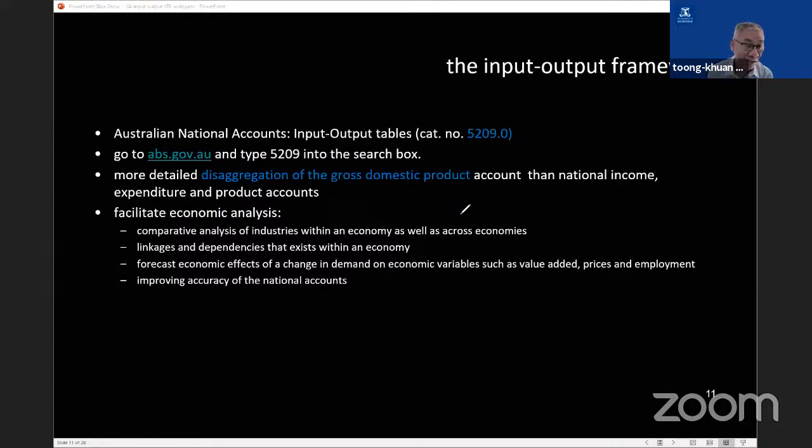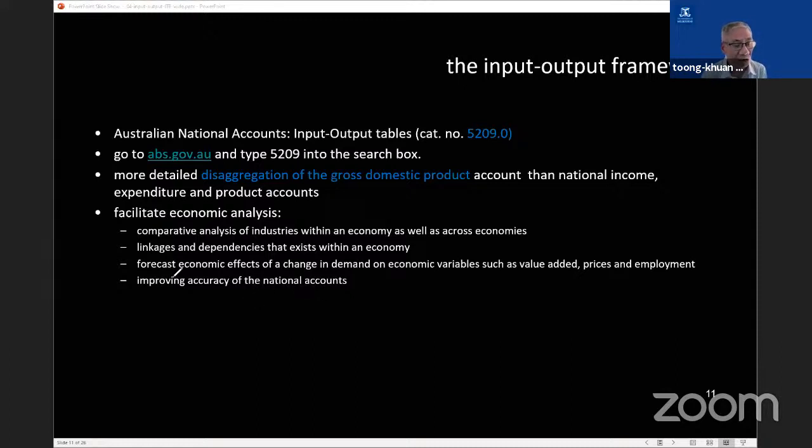And if you are interested in looking at imports, we can then examine the sector that imports the steel, because sometimes it is not the contractor that buys, it could be your manufacturer that buys some of these things. So that's to do with linkages and dependencies.